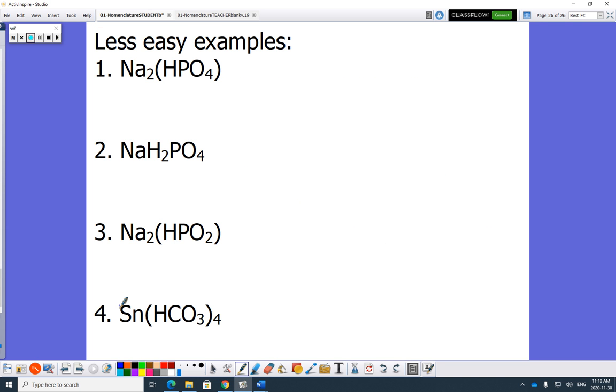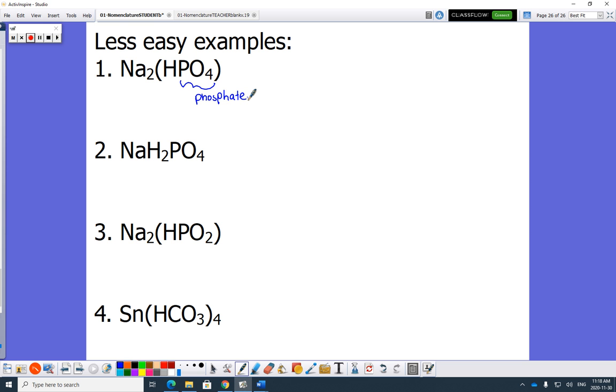All right, so this one is not so bad. It's got the HPO4 in brackets. So hopefully you're like, oh yeah, polyatomic ion, I got this. This is phosphate. And then there's a hydrogen. And this is just sodium metal, no big deal. So when you have that O, then that's your trigger.